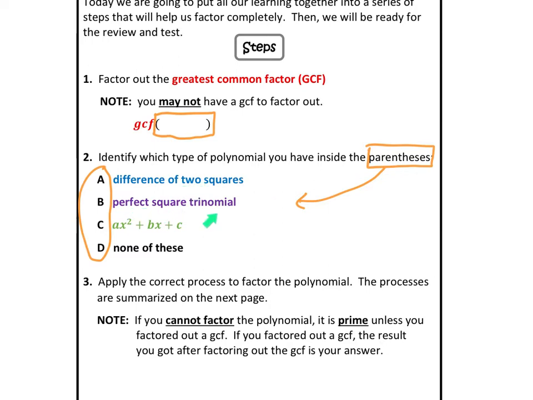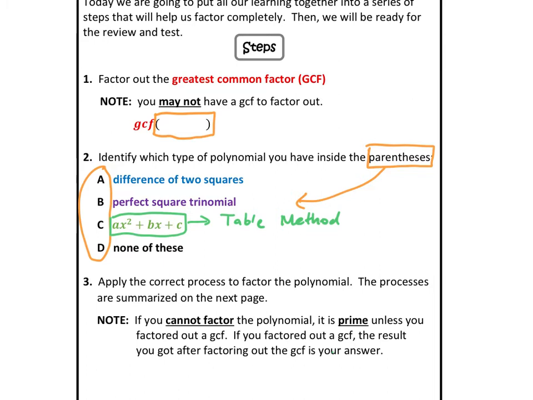Is it a perfect square trinomial? Can we use the table method? I like to call this method the table method. And if we see that we can't use any of the first 3, then we say none of these.